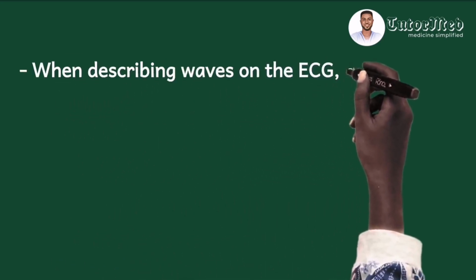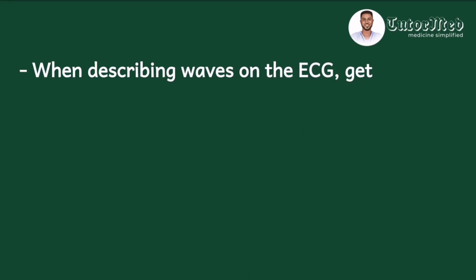Alright guys, please recall that the P wave represents right and left atrial depolarization. Now when describing the waves on the ECG, whether the P wave or the T wave or the QRS complex, there are 3 essential features we are interested in. And I remember these features using this thinking that when describing waves on the ECG, get mad at them. Yes, get MAD.